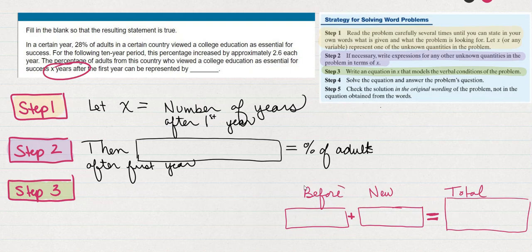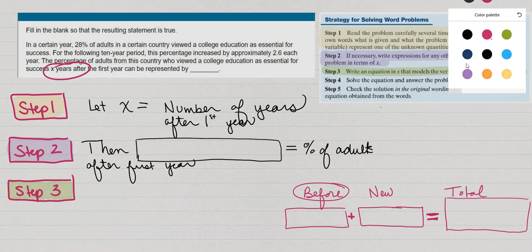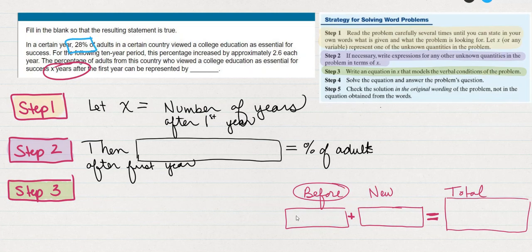I've got to start with how many people we started with, and that is the 28. So we had 28%. And then what we're going to do is increase that by 2.6% each year.